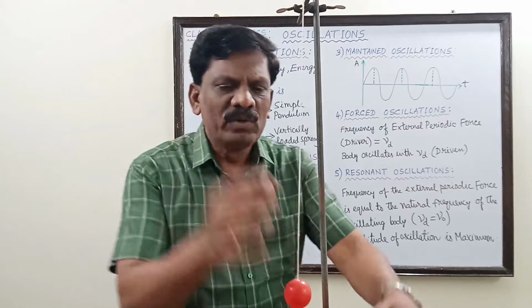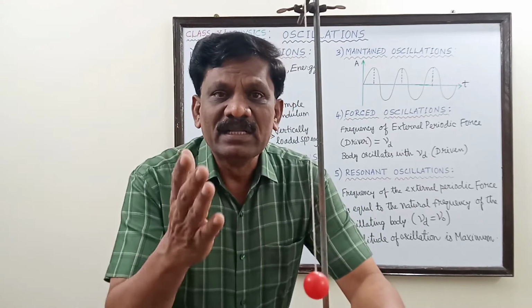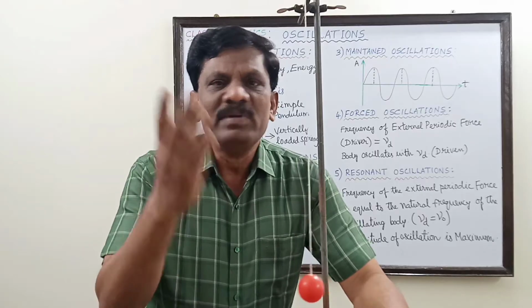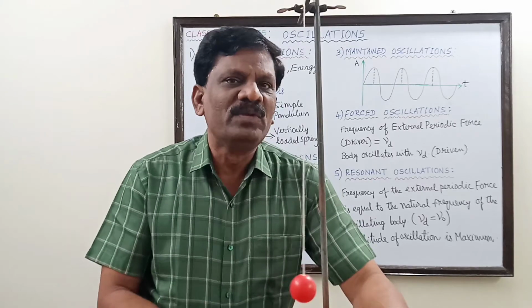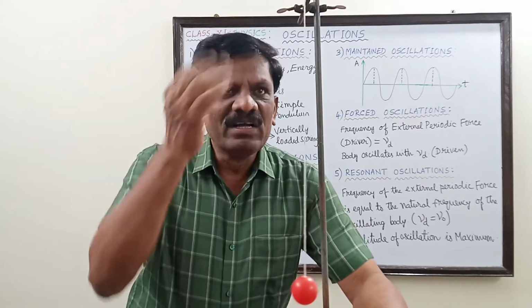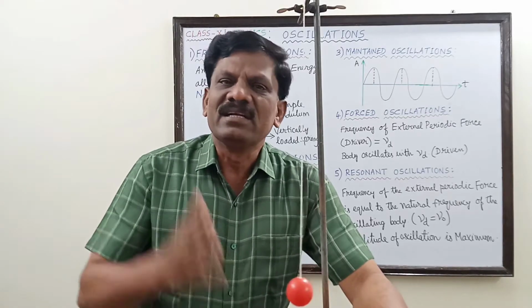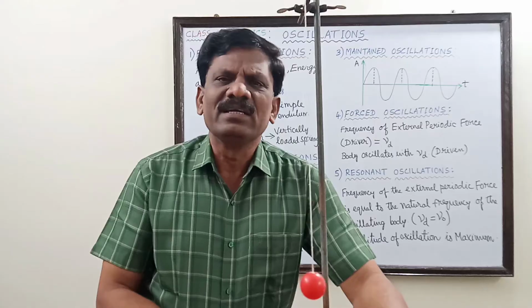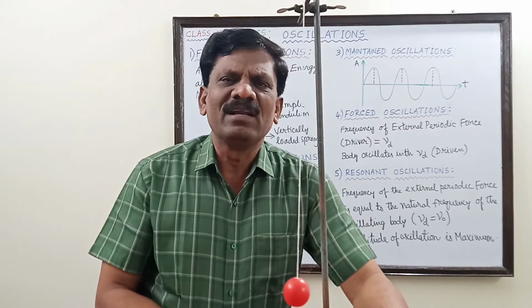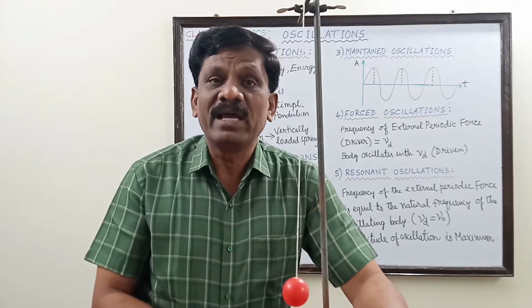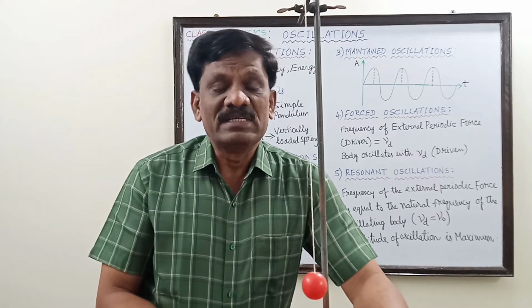Not only the simple pendulum, even civil structures like the suspension bridges between two hills, the concrete bridges, the railway track bridges, the tall multi-storied buildings, they all have some geometric structure, due to which they also have natural frequencies.